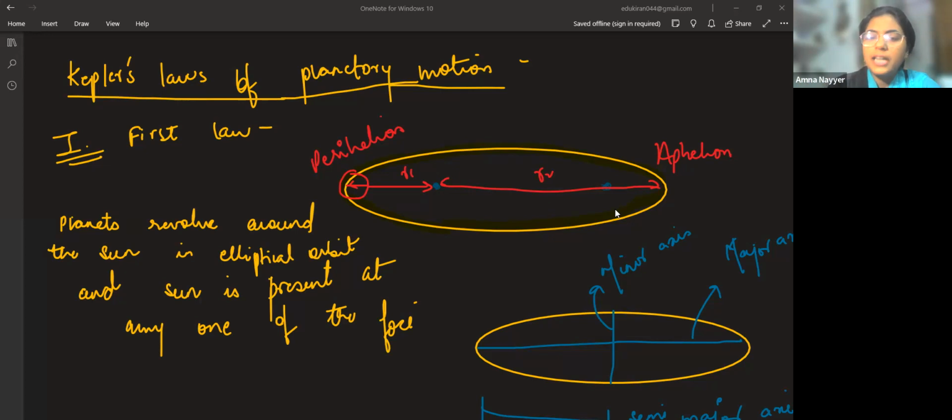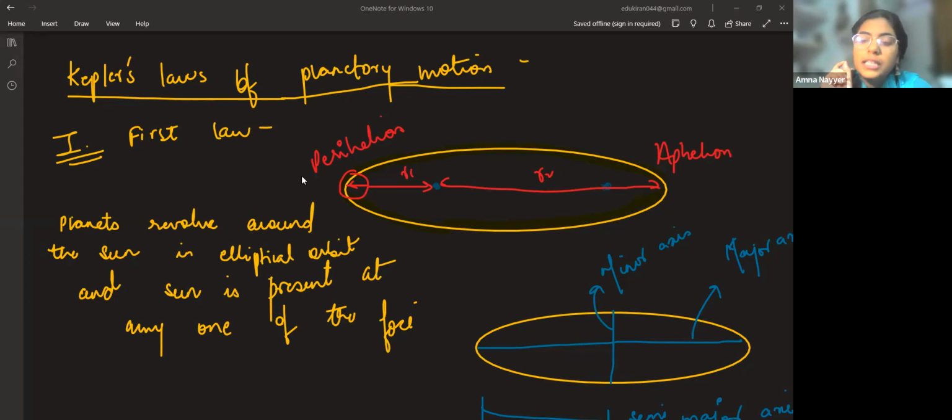The sun is at one of the foci and the planet is revolving. Suppose the sun is here, so the planet is coming, then going. This distance is greater, then it comes revolving like this. So at one of the foci, the sun will be present for one of the orbits. Every planet has its own orbit. Use this basic understanding.